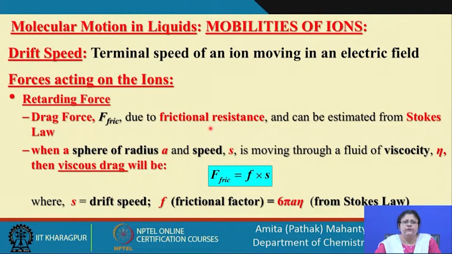So, when you have a sphere of radius a moving with the speed s, moving through a fluid of viscosity eta, then the force which is acting, the viscous drag, will be F into S. F is the frictional factor, S is the drift speed.